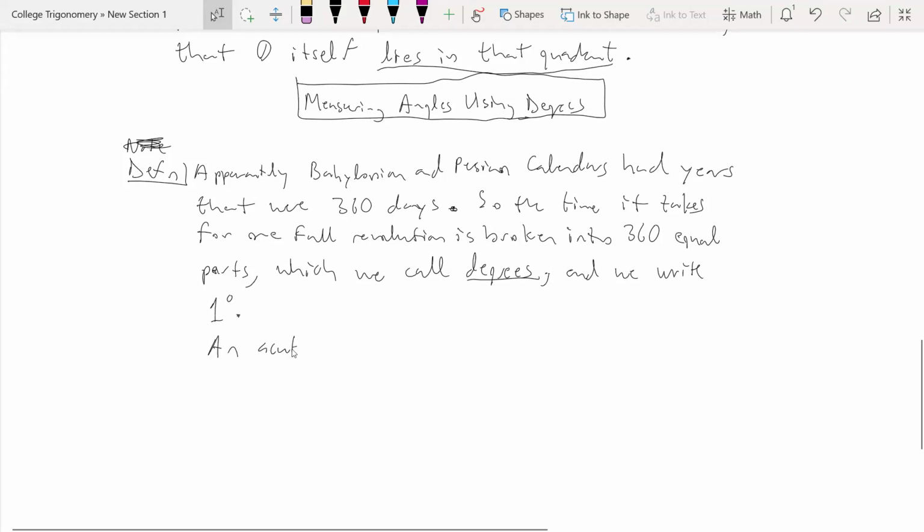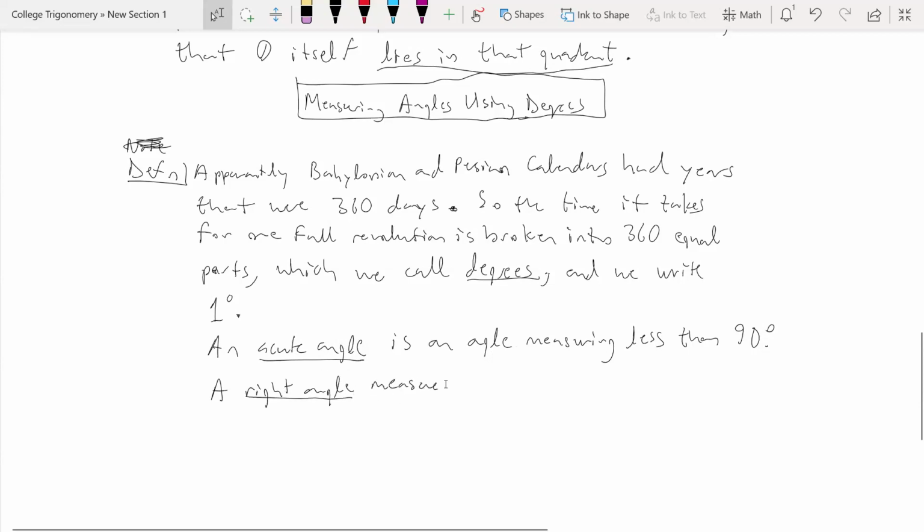So an acute angle is an angle measuring less than 90 degrees. Right? A right angle measures exactly 90 degrees.